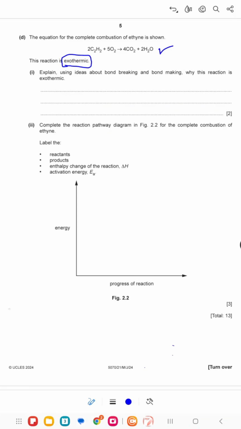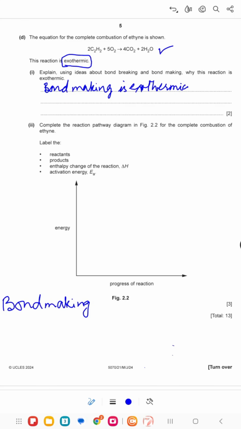Always remember one thing: bond making is exothermic, in which heat is released, and bond breaking is endothermic.